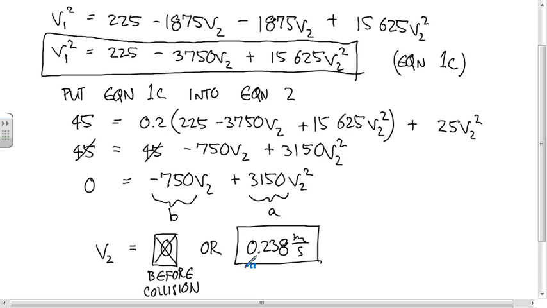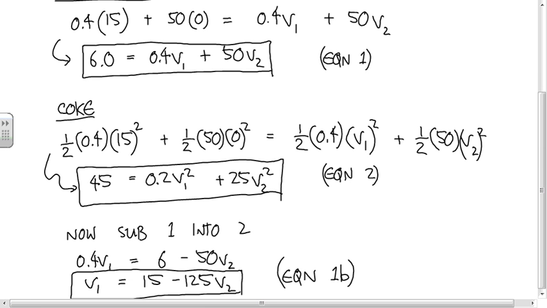Then you just take this solution for v2 and plug it into the simplest equation you have. You could plug it into equation 2, but that's unnecessarily complicated. So plug it into one of the versions of equation 1 and solve for v1. Let's do that.